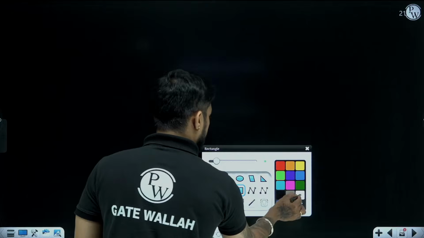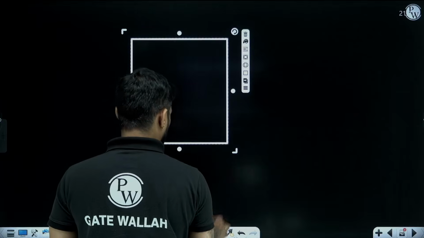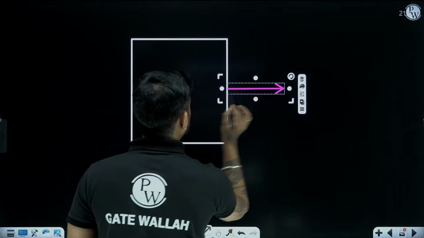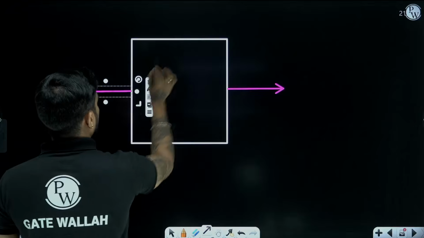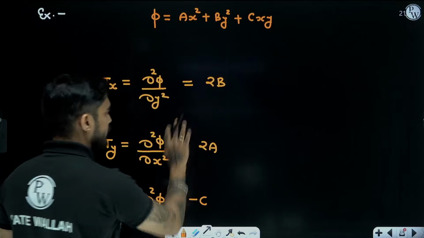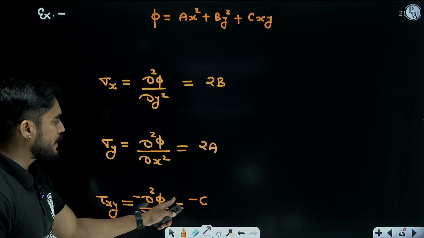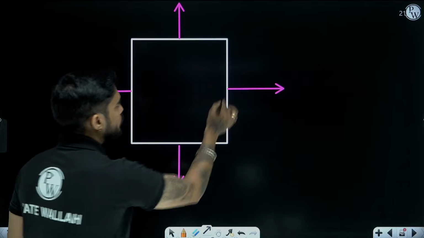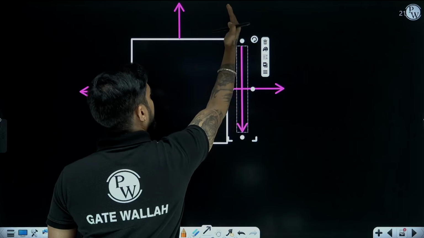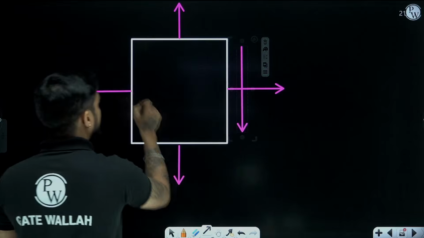If you draw them on this diagram, what are you going to get? See, this will be sigma x, this will be sigma y, both are positive, and tau xy is minus c. So if tau xy is negative, it should be in this direction, right? If you draw it like this, it is positive, and like this, negative.